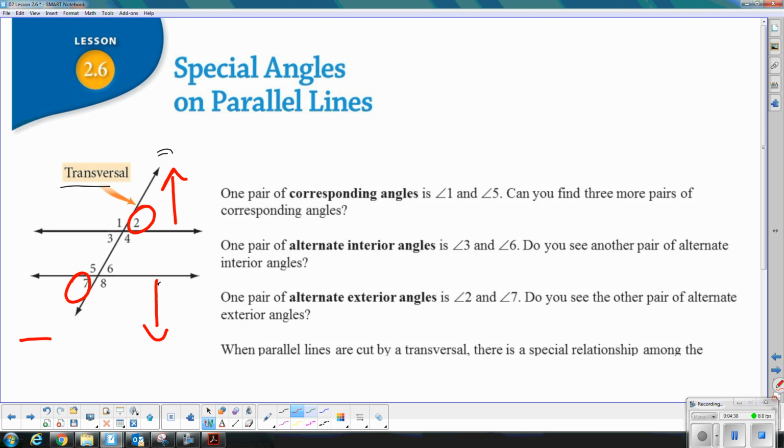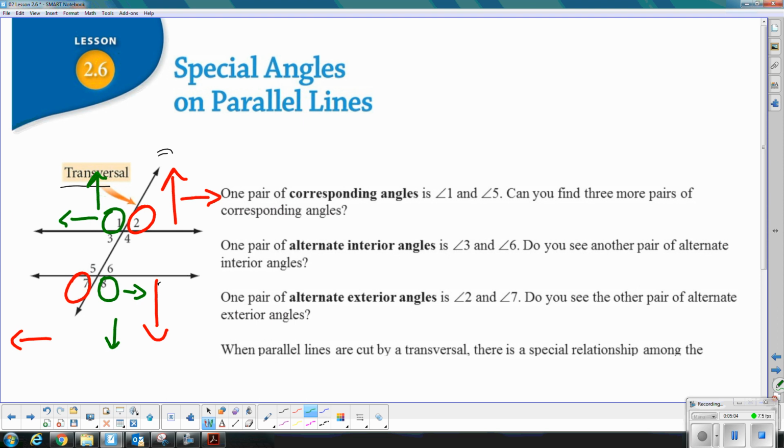So 7 is on the left side, 2 is on the right side of the transversal. Another set of alternate exterior angles would be 8 and 1. They're on opposite sides of the transversal, and they are both outside of the two parallel lines.